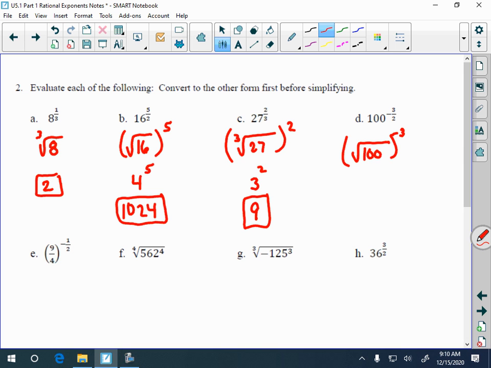Well, the square root of 100, we should know, is 10. Now 10 to the negative 3, if you remember from the beginning of this lesson, when you have a negative exponent, you want to flip it to the denominator and make it positive. And now 10 to the 3rd can be multiplied out. That's going to be 1,000. So 1 over 1,000.